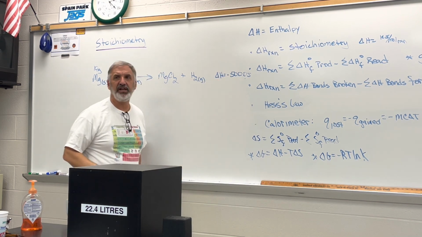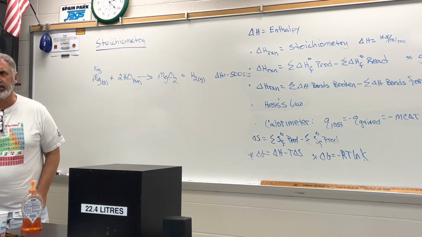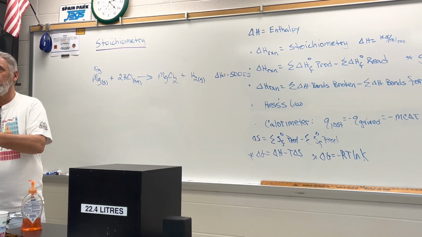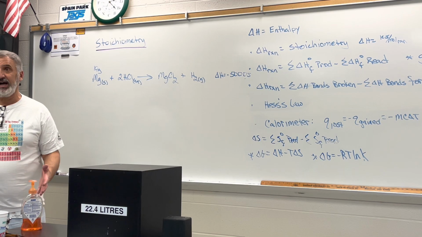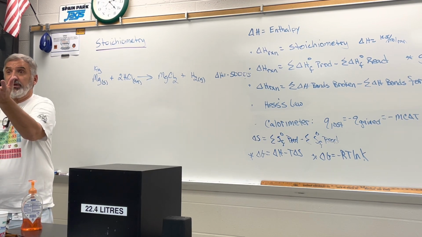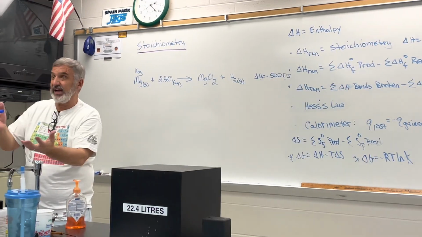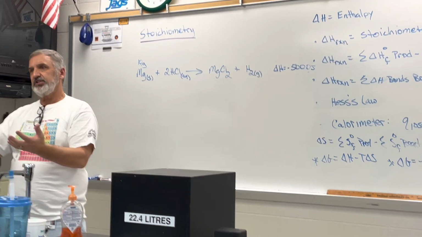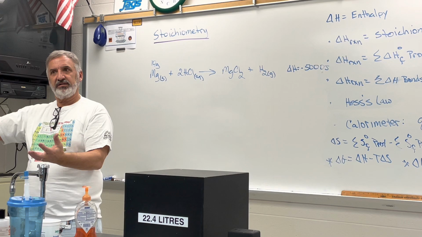Okay, so first off, negative, endo or exothermic? Exothermic. So what is the solution getting, hot or cold? It's getting hot. Remember, the potential energy of the system is going down. Well, where's that energy going? To the surroundings. So the surroundings is getting hot, right?